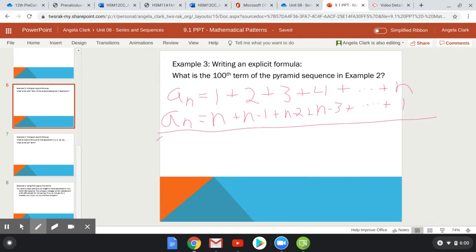So I'm going to get 2a_n. If I add these together, I get 2a_n equals 1 plus n, 2 plus n minus 1. 2 minus 1 is 1, so that's just n plus 1. Then 3 plus n minus 2: 3 minus 2 is just 1, so that's n plus 1.